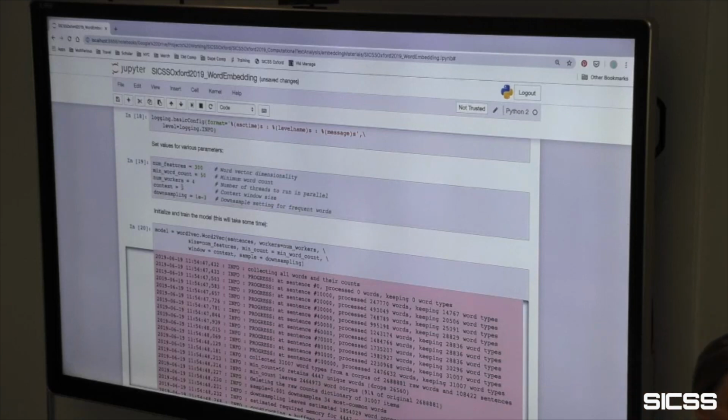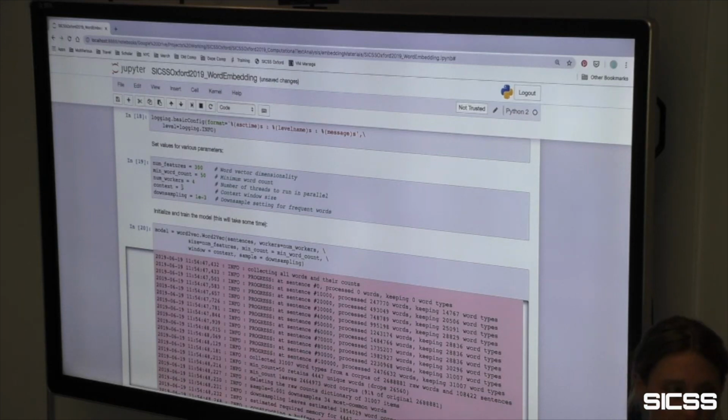So in the implementation of your word embedding model, as always, you have parameters to set. The number of features or dimensions, like we were talking about before, that you want to create. The minimum word count, similar to the STM, how often the word is seen.